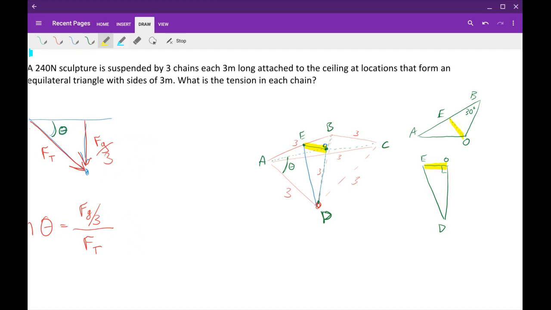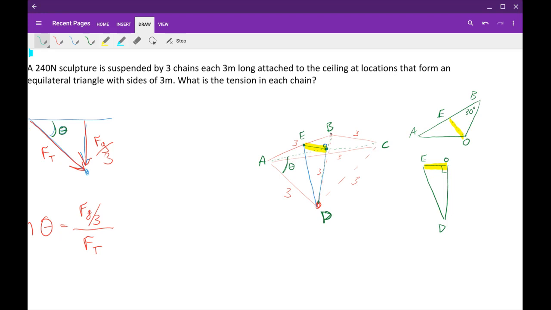All right, so I paused the video so I could draw some of these figures out. In order to figure out that green angle, I labeled this. A, B, C, D is a tetrahedron, and this is A, E, B, the part that's on the ceiling. The chains are attached here, here, and here.